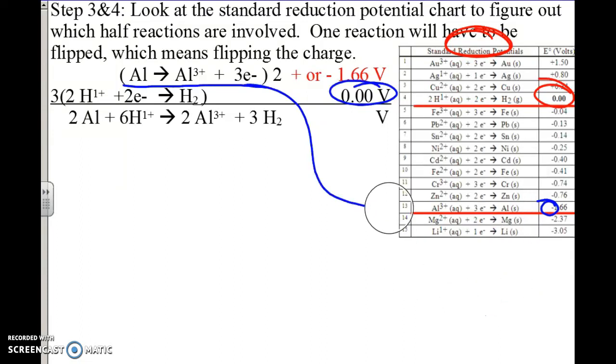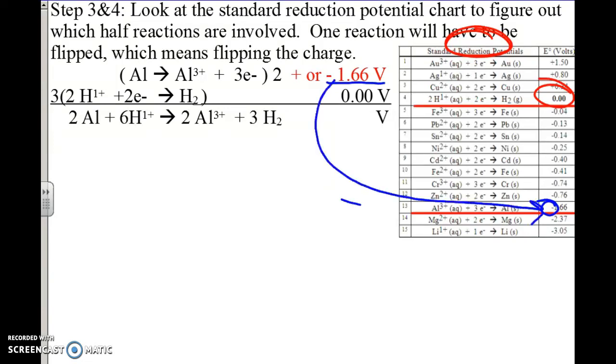So since this reaction is flipped, the voltage also has to be flipped. And so we're going to go from negative 1.66 volts, which is on your chart right there, to positive 1.66 volts. So if we flip the reaction, we're also going to flip the charge that's in front of it. So negatives become positives, positives become negatives.